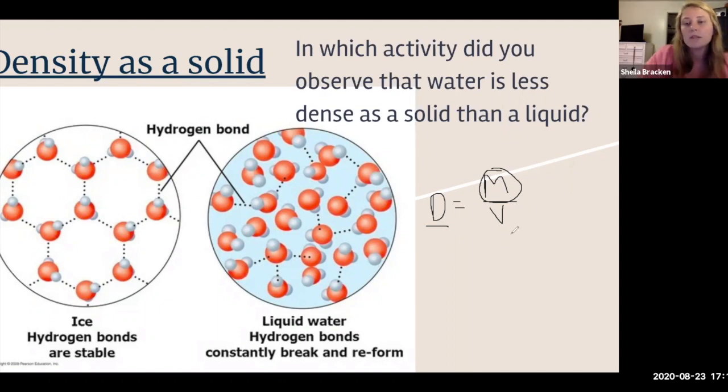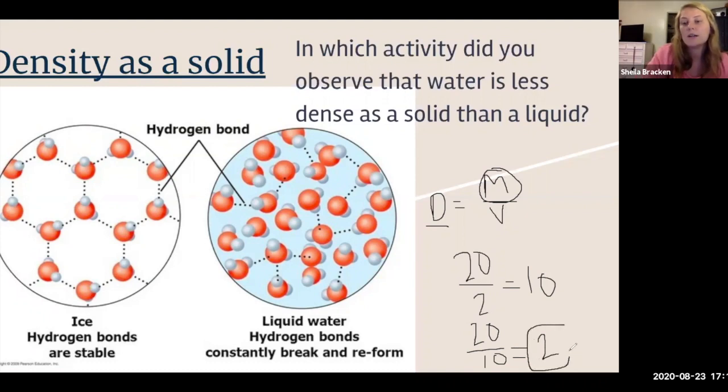Think to yourself, what's smaller? 20 divided by 2 or 20 divided by 10? 20 divided by 2 is 10, whereas 20 divided by 10 is 2, right?